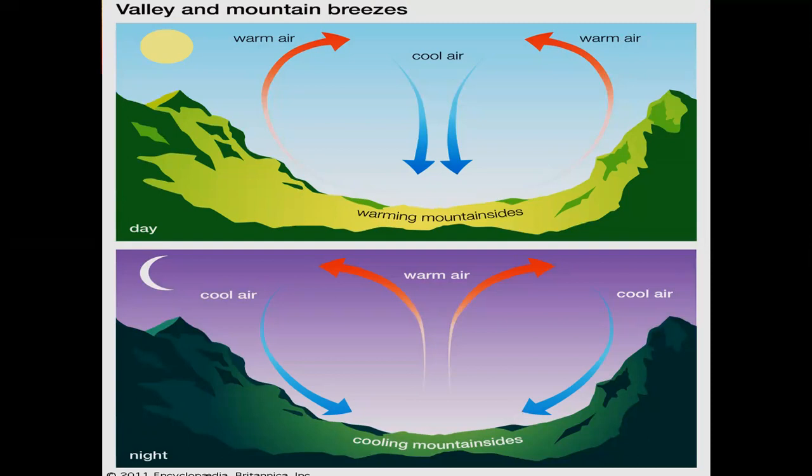The cool air of the high plateaus and ice fields draining into the valley is called katabatic wind, or high density air flowing down the slopes. The mountain and valley breezes are also known as katabatic and anabatic winds respectively.